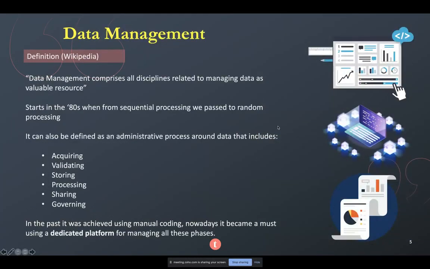At this point, the concept of data management comes into the game, because data management can be defined as all the disciplines related to managing data as a valuable resource, all the disciplines that are trying to define a methodology for extracting this information from data.